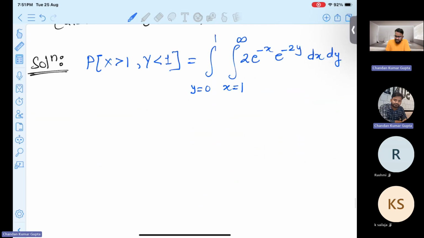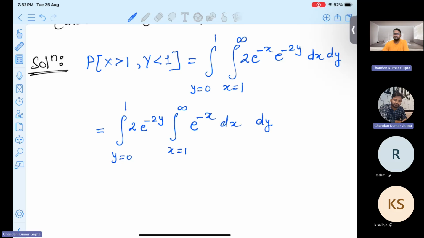So let's start calculating. First, we will solve the integral for x only. We can take 2 outside the x integral, and e to the power minus 2y can also be taken outside the integral over x because it does not contain any x value, so it is independent of x. Now x goes from 1 to infinity, and we write only e to the power minus x dx, then dy.